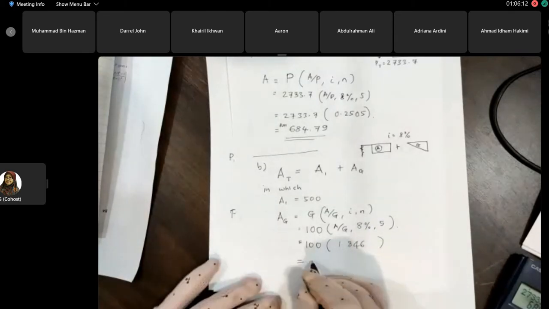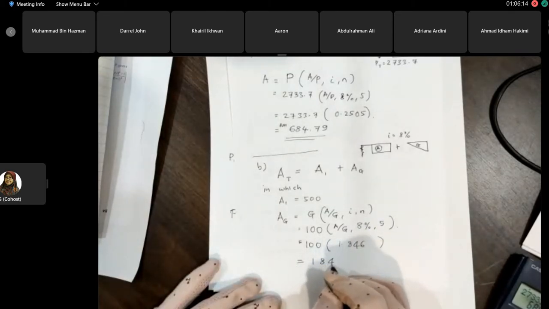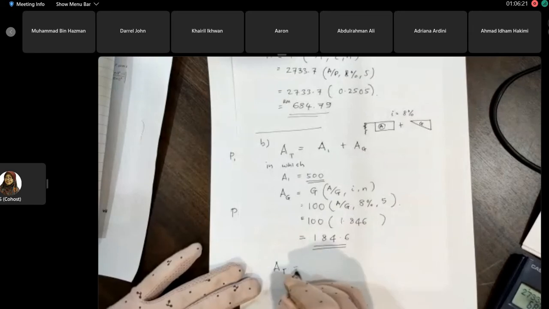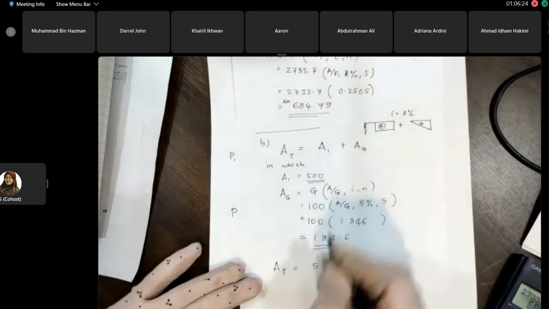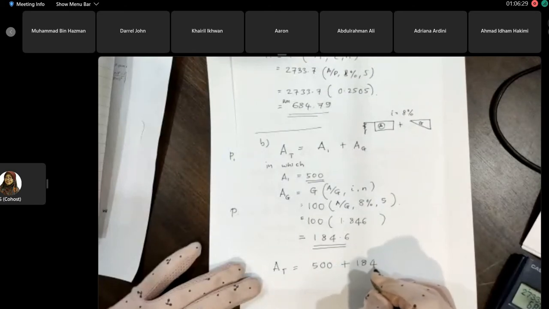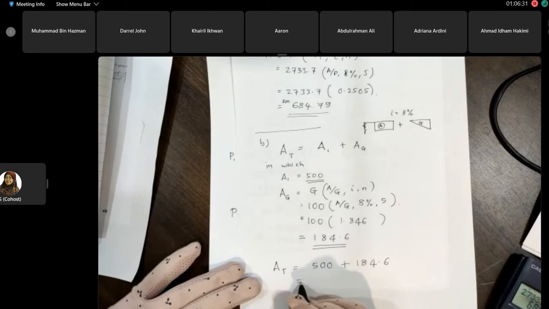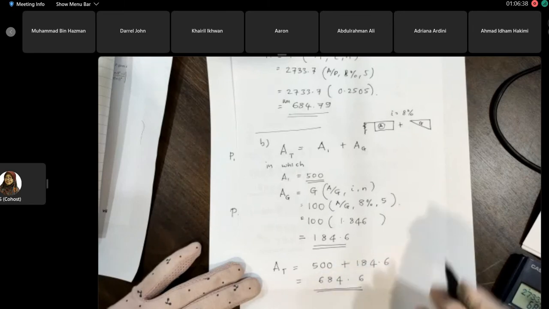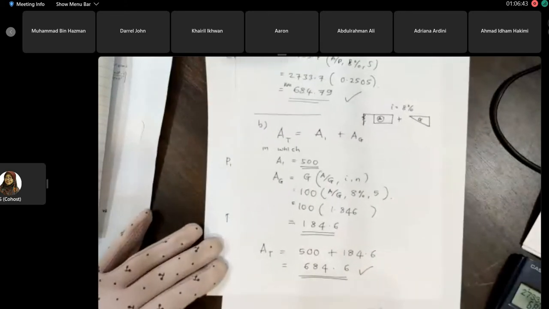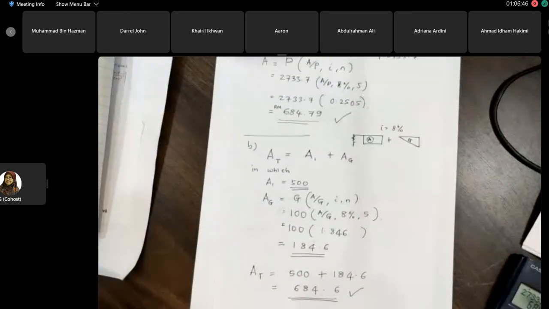So what is the answer? 184.6. So the total A is 500 plus 184.6, and you will get 684.6. So look at this one and the other one: you will get the same answer.